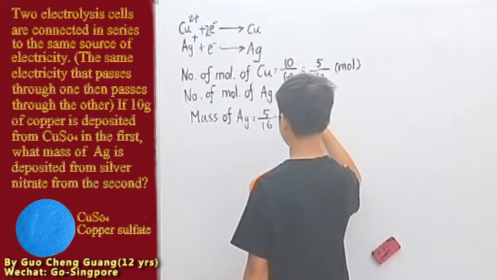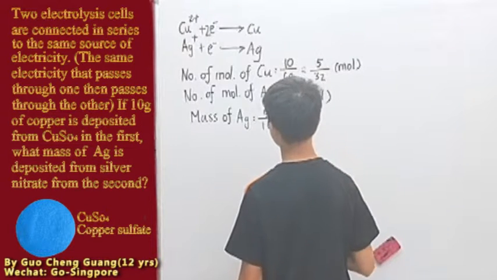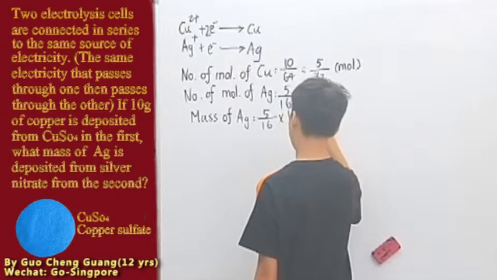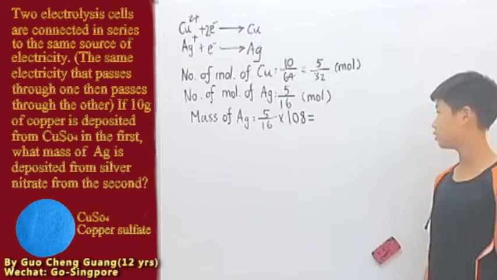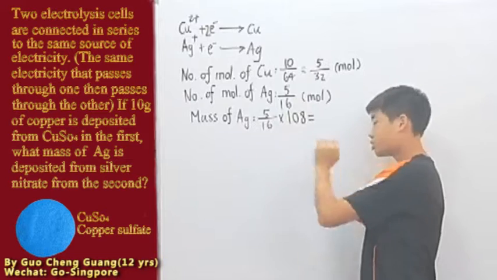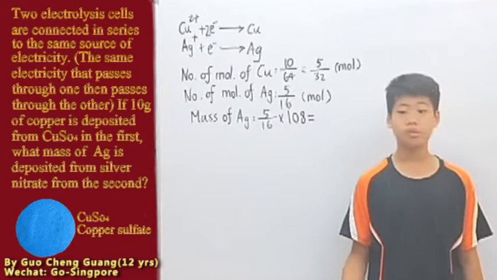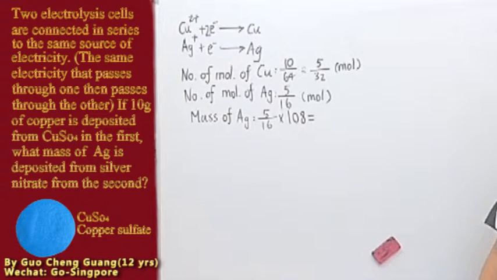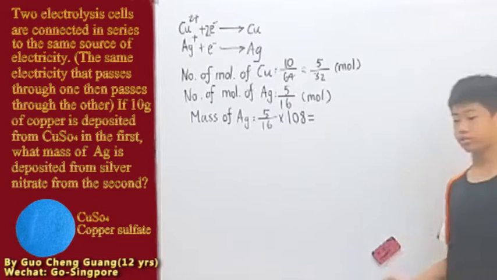If you have learned your periodic table very well, you can know that this is times 108. From this part, you can choose to calculate it mentally, or you can use a calculator to calculate it.